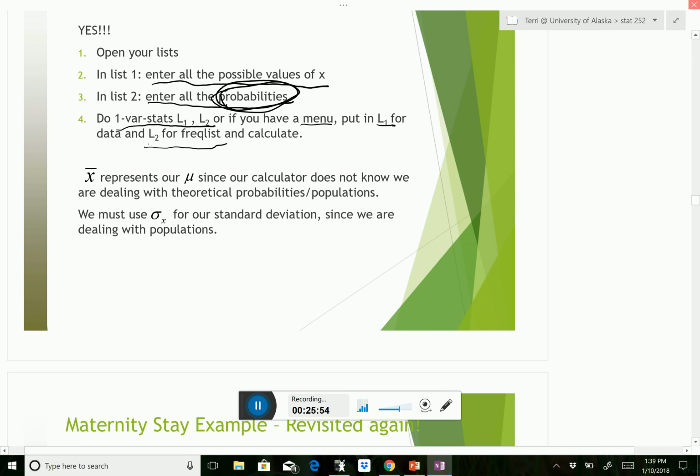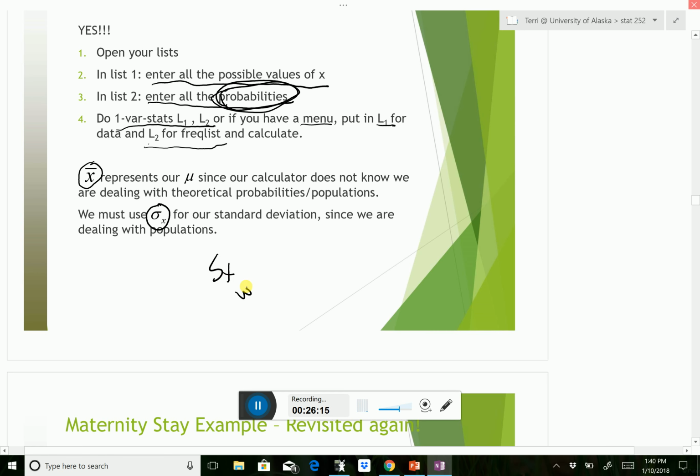And we calculate. Now, the x bar that comes up, that's our mean. That's our mu. Our calculator doesn't know that we're dealing with probabilities and populations, so it just tells us x bar. It doesn't know that it should be a mu, but that's what it is. And then we have to use sigma x because we're dealing with populations.